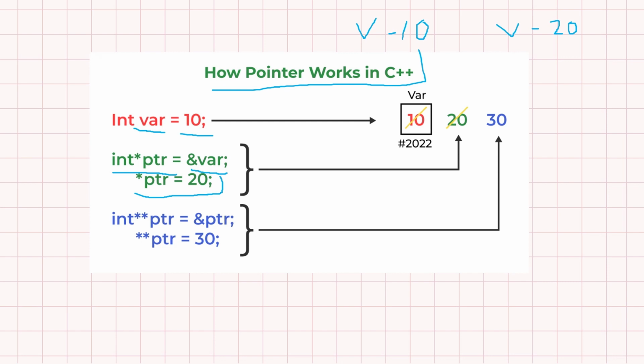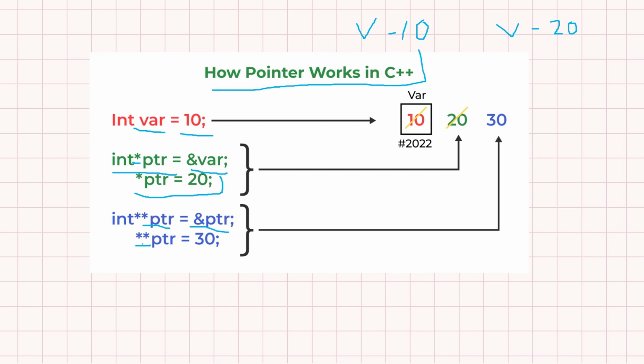Now we create another pointer which stores the address of our previous pointer. When we define a pointer to a pointer, we need to mention two stars. When we declare just one pointer by referencing the previous variable, we need just one star.